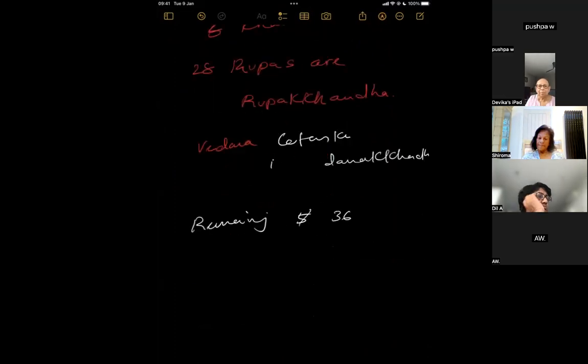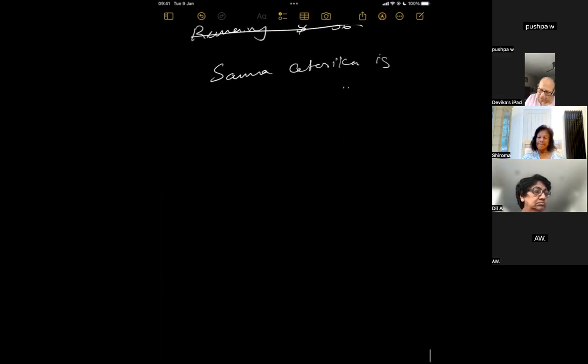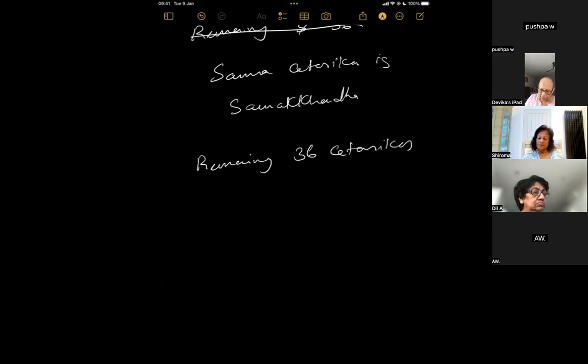Sanya Khanda. Sanya Chetasika is Sanya Khanda. Remaining 36 Chetasikas are Vinyana, Samskara Khanda. Rupa, Vedana, Sanya Khanda.